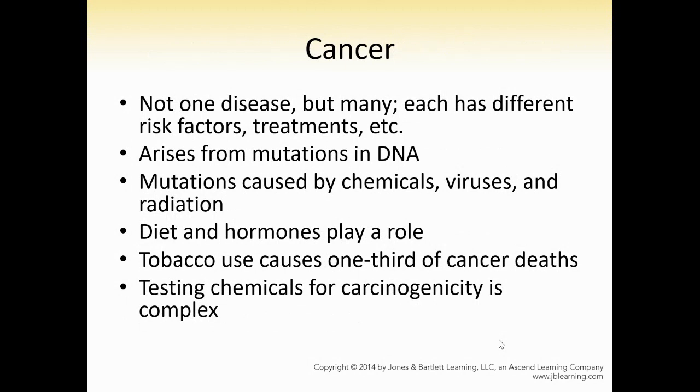Diet and hormones also play a role in these mutations and the prevention of mutations. Tobacco use has been estimated to cause one third of cancer deaths. And testing chemicals for carcinogenicity, which is the cancer-causing potential of a substance, is really complex and sometimes doesn't give an adequate or accurate picture of which substances cause cancer.